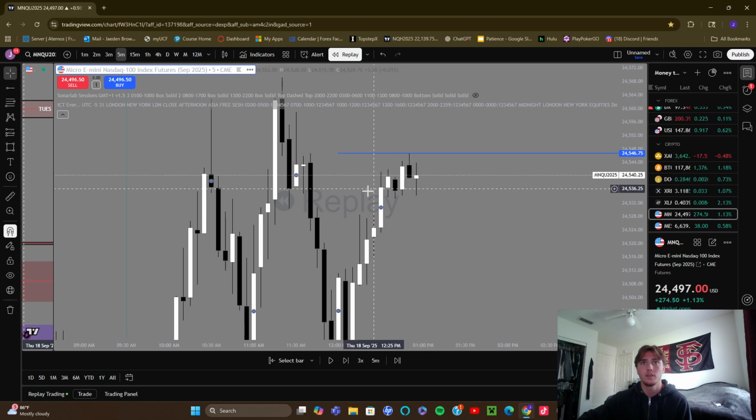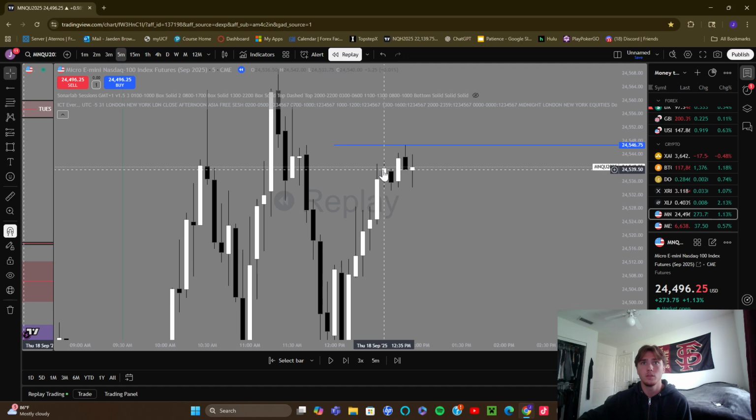All the way up here, then price opens, closes, but then price opens lower. So we have a bearish candle, closes here, goes all the way down here into here, open, close, open, close. And that's just the hourly candle.